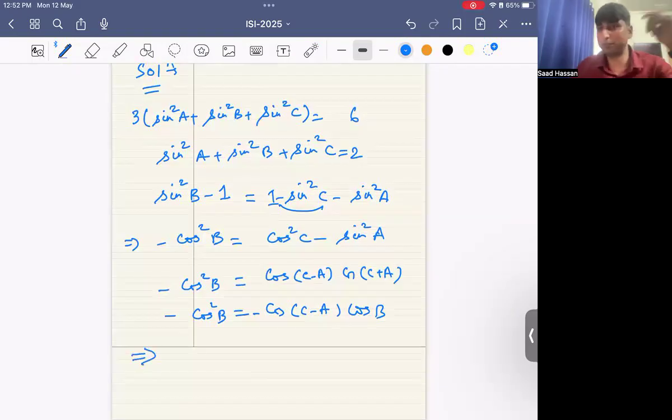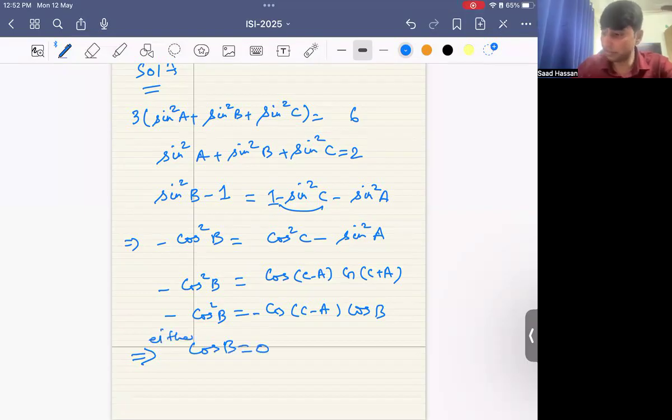Now what you can do is simply say that either cos B is 0, which means that B is a right angle, or you get cos B is equal to cos of C minus A, right?